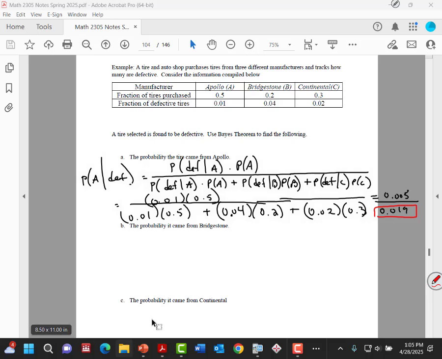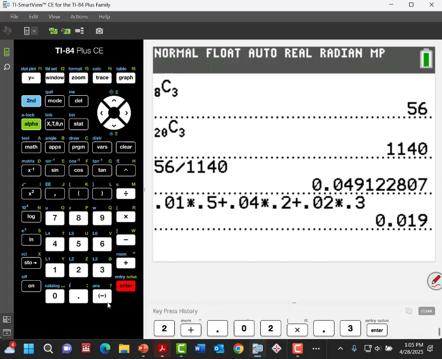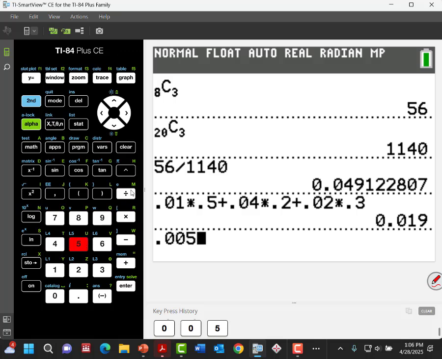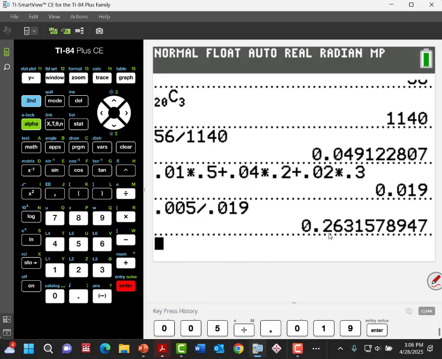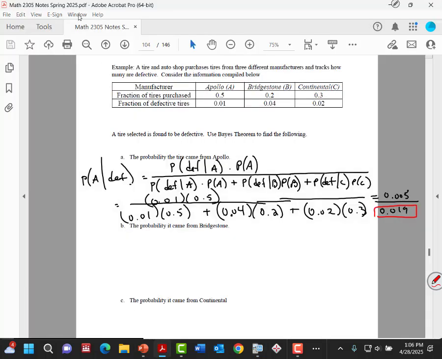And now I need to divide these out. So 0.005 divided by 0.019. So I get 0.263. If I go 3 decimal places, that's 0.263. This is the probability that it came from Apollo.